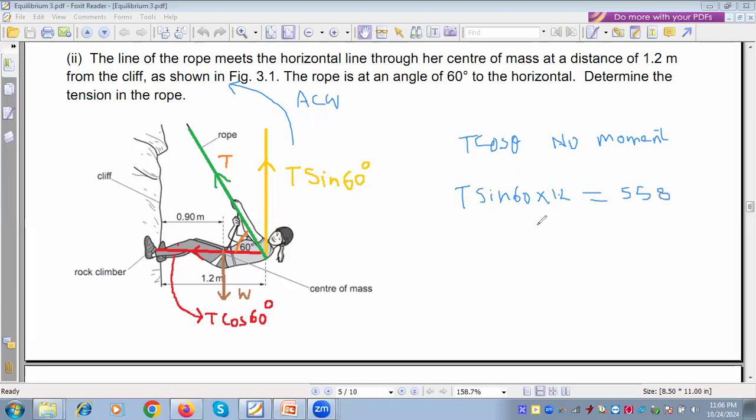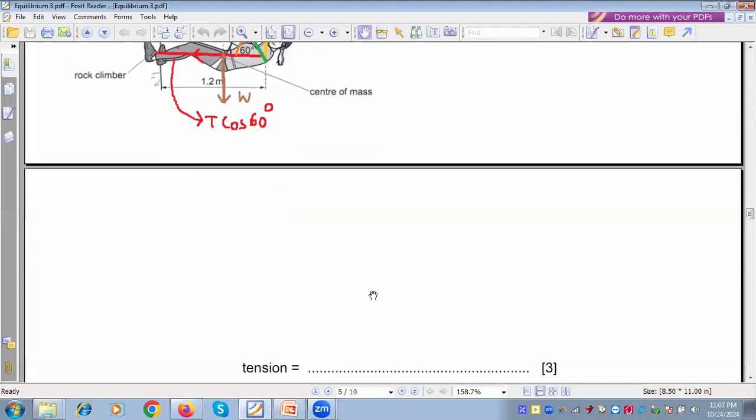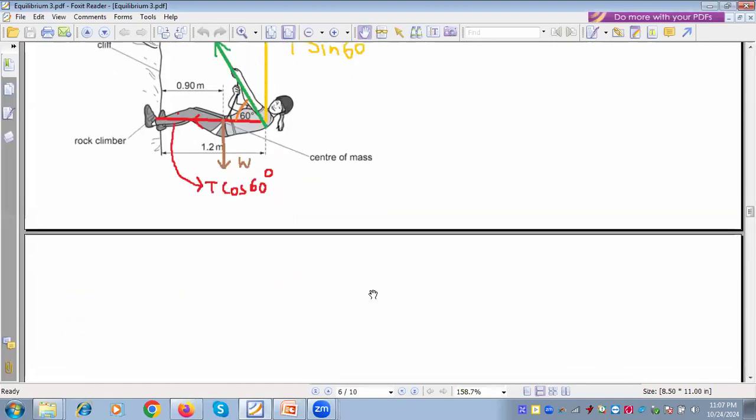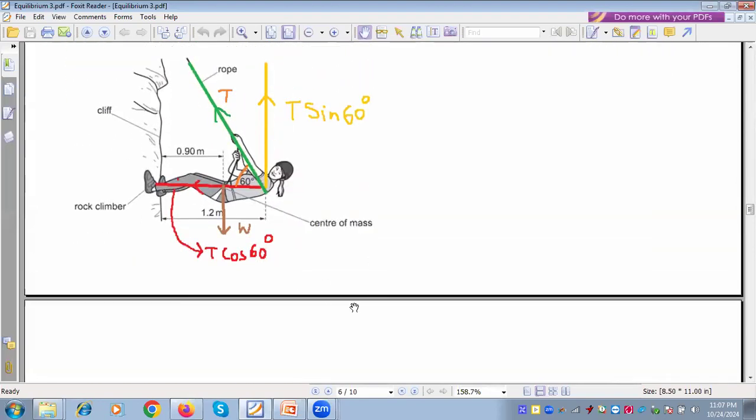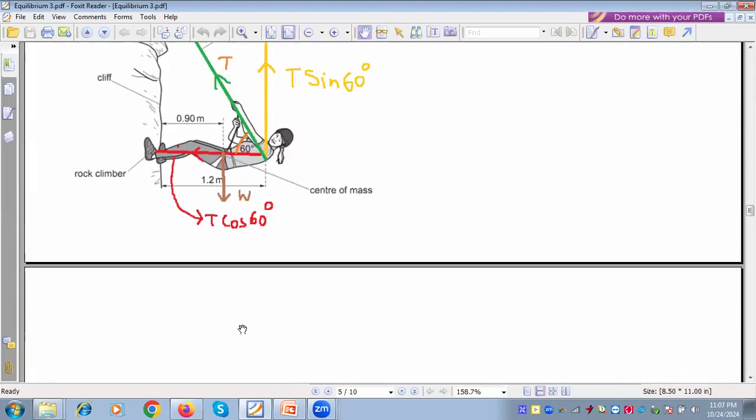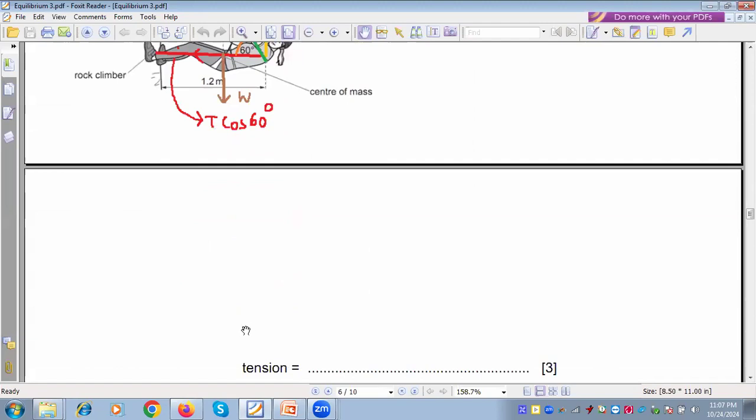So we can calculate tension. Sine 60 is 0.866. So this can be solved, and let us check the answer of this. I will be solving here at this point.